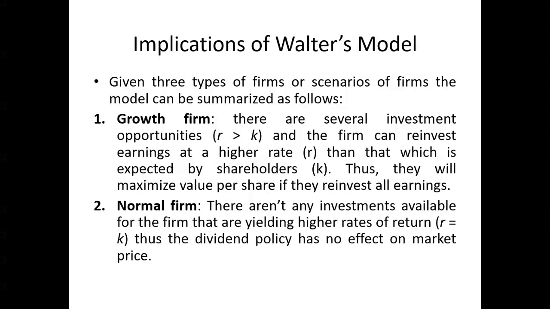That is what we call a growth firm. Then the normal firm. Normal firms have an internal rate of return equal to the cost of capital. There are no investments available for the firm that yield higher rates of return. Thus, dividend policy has no effect on market price.